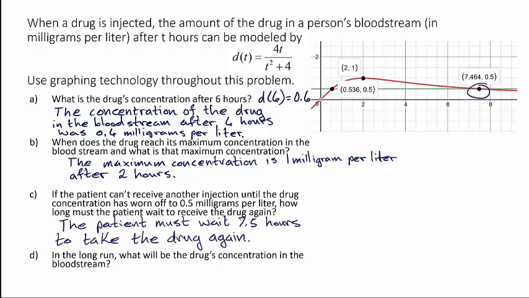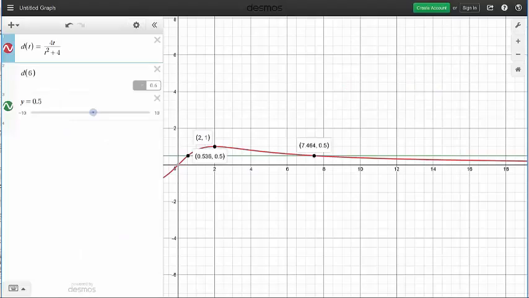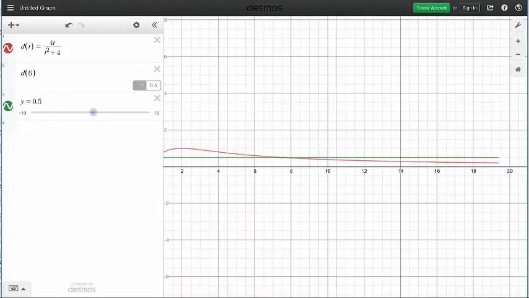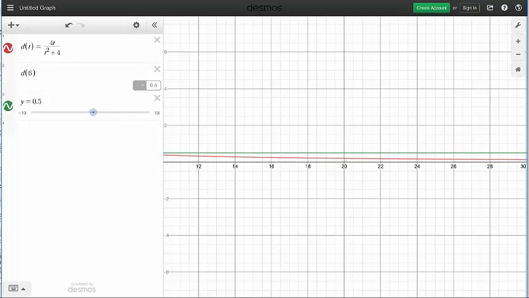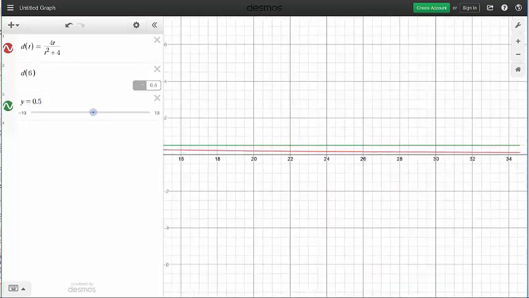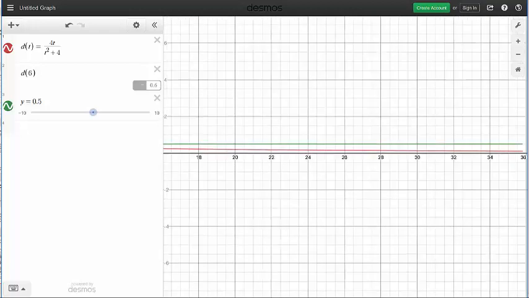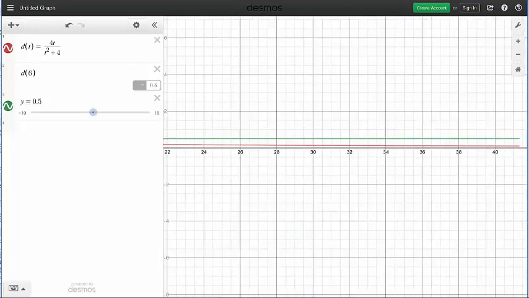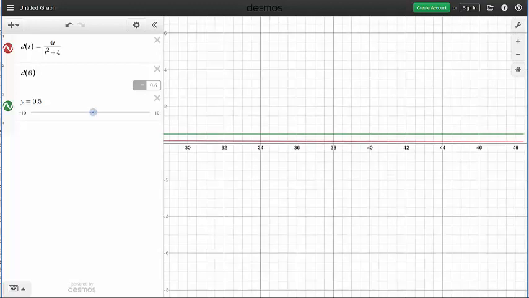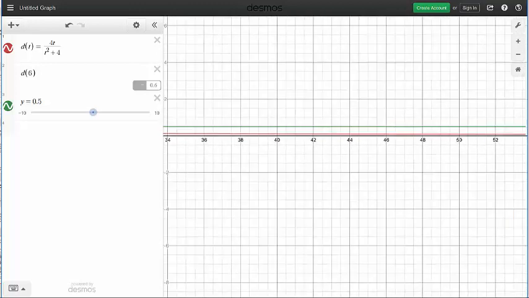In this last question, we're asked, in the long run, what will be the drug's concentration in the bloodstream? If we followed this out further and further, let's go back to Desmos for a moment. I'm just going to start moving with my finger, moving this further and further out. Notice what's happening: that green line stays consistent at 0.5, but the red line, the function in question, is just getting closer and closer to 0.